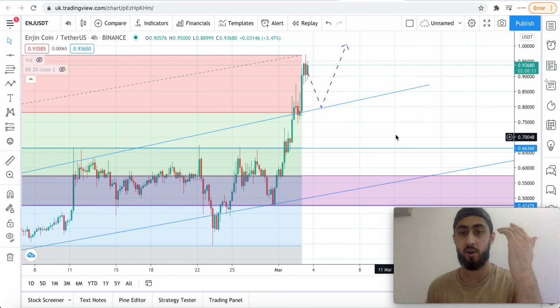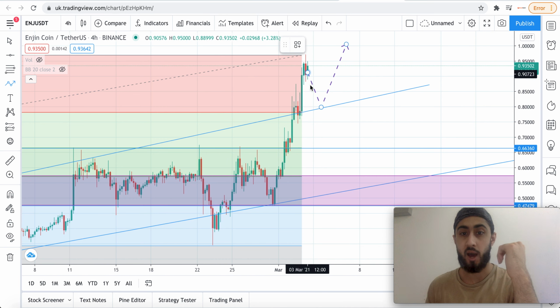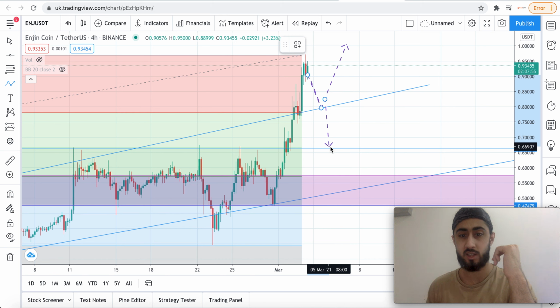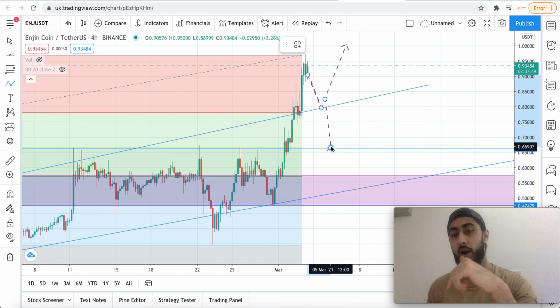Okay, however, we always look at a few scenarios, and what I feel is more likely is it may go up a little bit more, but in the long run it'll test this area around here, dwindle around for a little bit, and then come back down to test this zone here. Okay, once it tests this zone, this would be a point that you may want to buy back in.